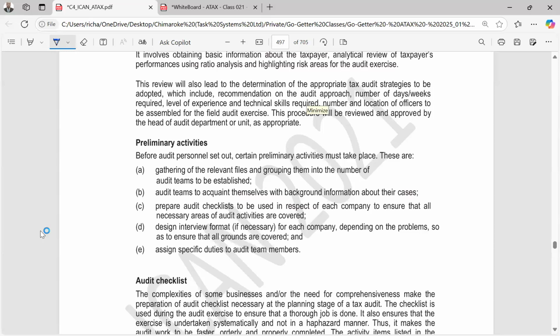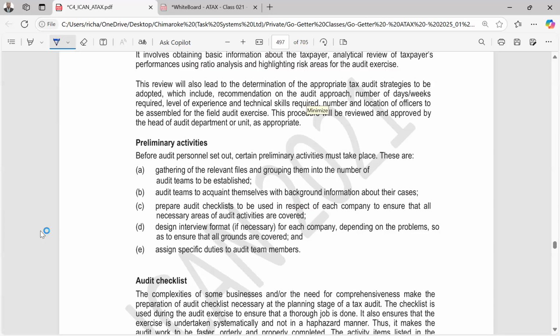You might be doing manufacturing companies. So you group them together so that you will not say, okay, we have several audit teams. There is an audit team that is handling upstream sector, another audit team will handle downstream, another audit team will handle maybe technology solution companies, another one will handle banks. So that's it.